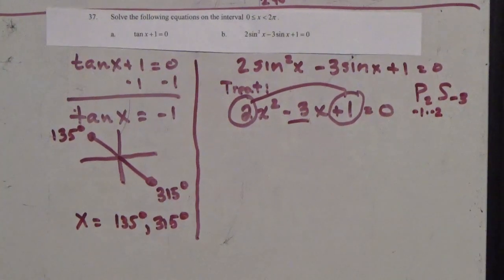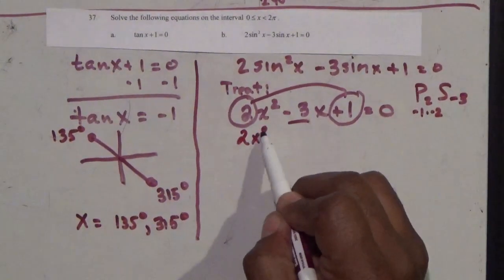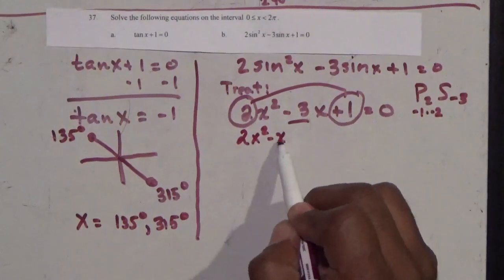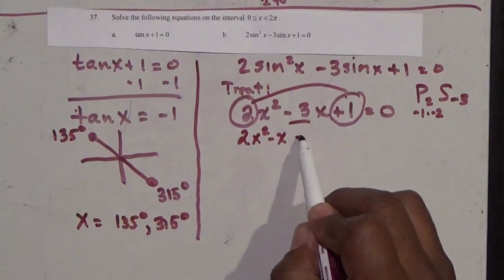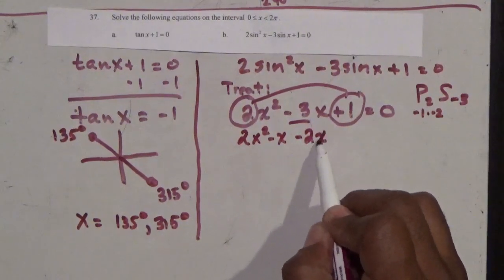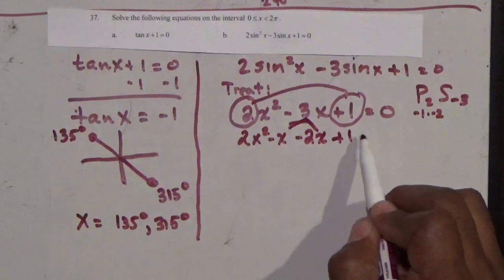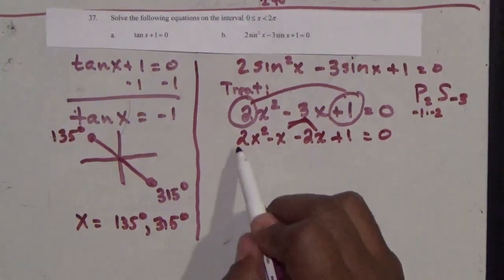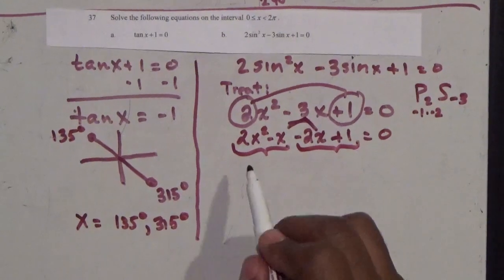You're welcome to go back and rewind this as many times as you need to. That gives us 2x squared minus x minus 2x, because we just found our two numbers and we split our middle term using them. Then I am going to do GCF grouping.